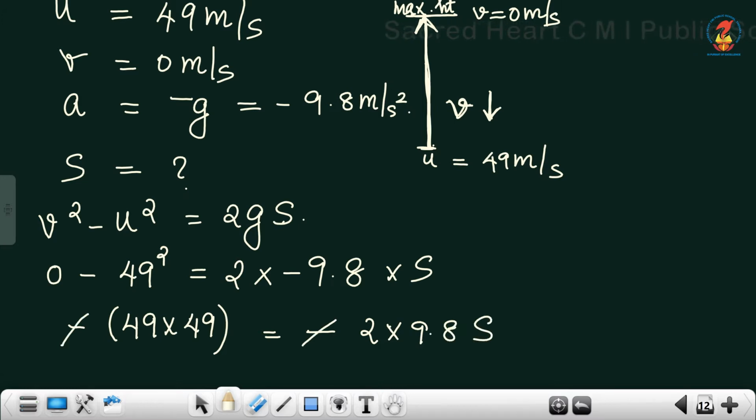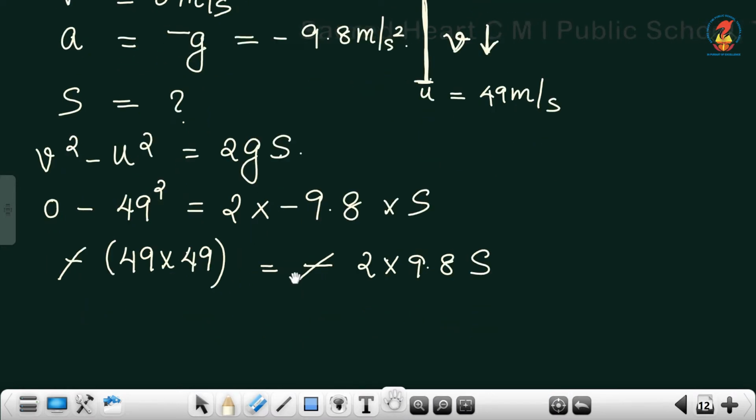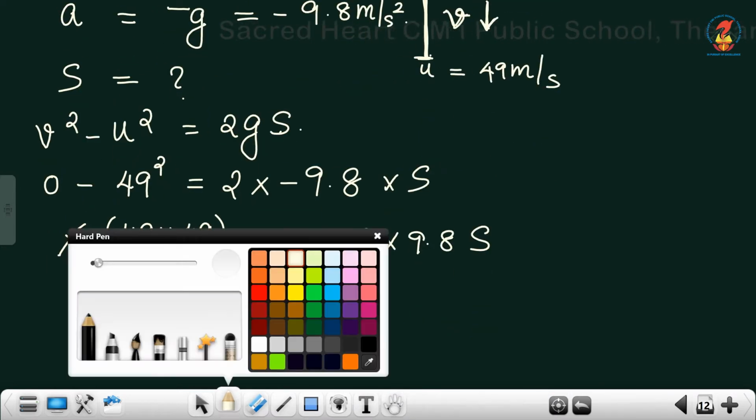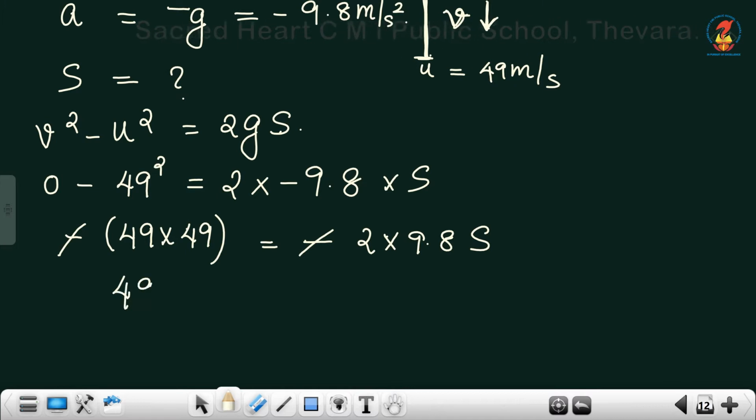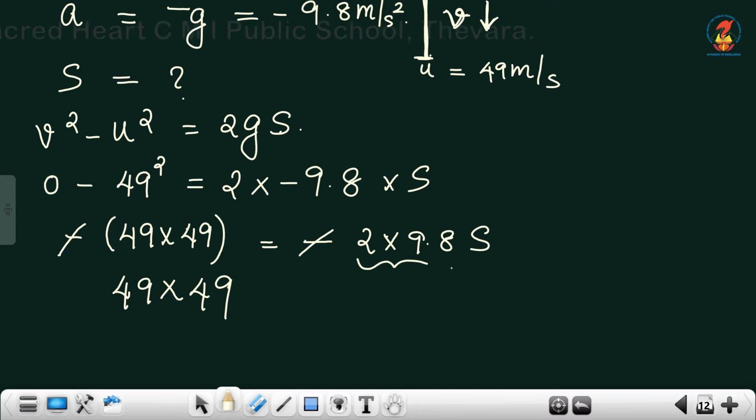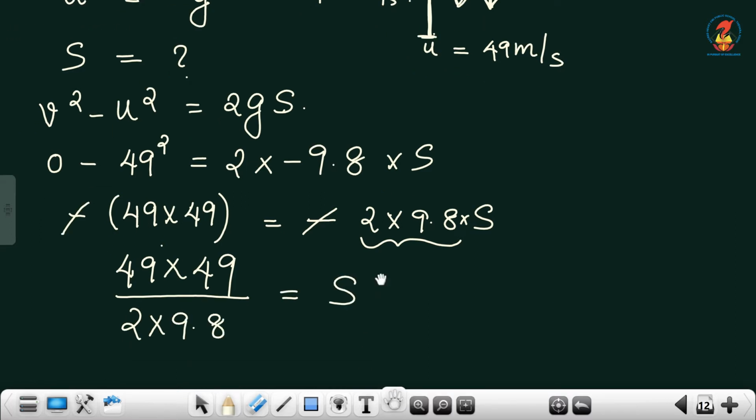Minus and minus sign get cancelled off. Already we have 49 into 49 here. Take this 2 into 9.8 to the other side. When it moves to the left hand side, it becomes division, that is 49 into 49 divided by 2 into 9.8 is equal to S.